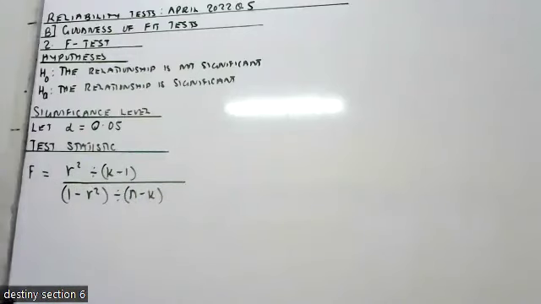N is how many items we have. There were 12. So K is 2, N is 12.